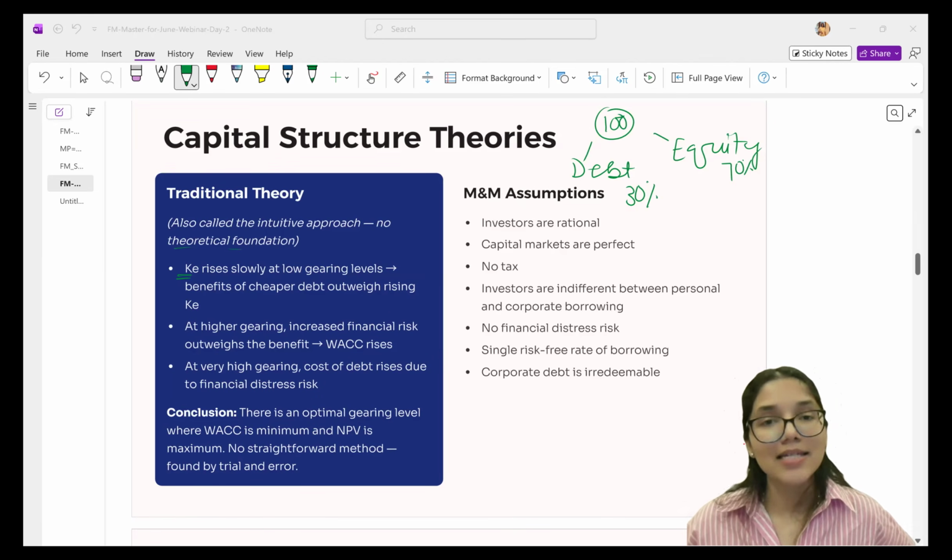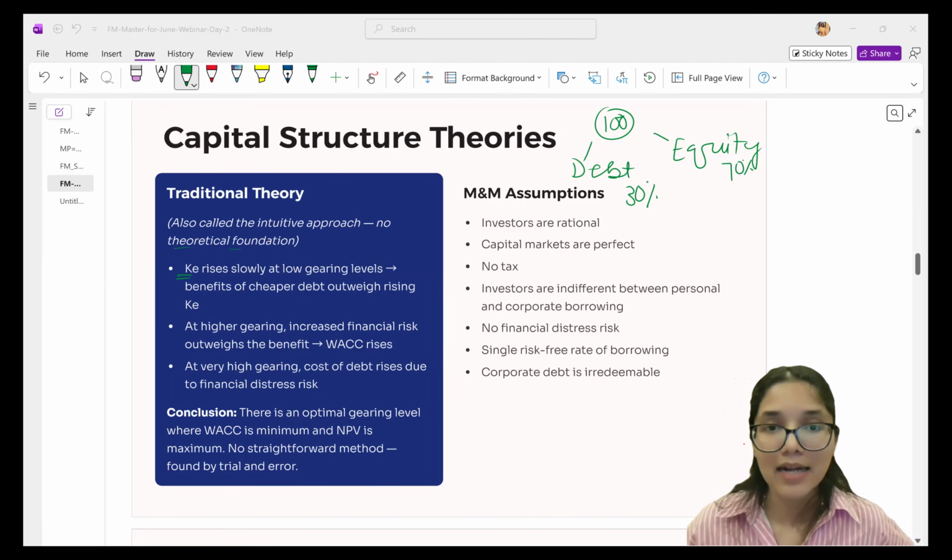So as the company takes more and more gearing, the financial risk increases. And the increase in financial risk actually outweighs the benefit that we were getting. What was the benefit? Cheaper debt. But now, because the financial gearing is increasing, the financial risk is increasing. As a result, the equity cost also starts to rise rapidly.